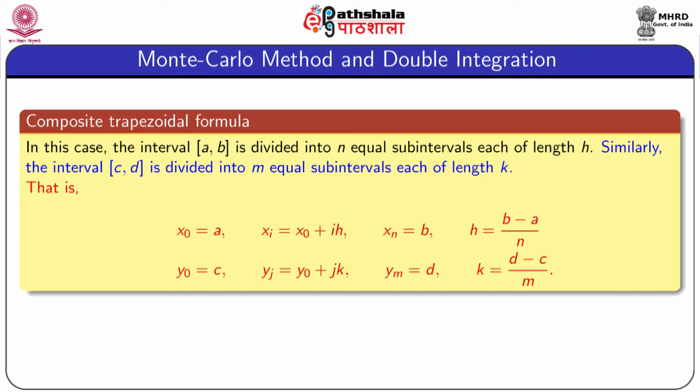That is, x0 equals a, xi equals x0 plus ih, xn equals b, and h is given by (b minus a) by n. Similarly, y0 equals c, the starting limit, yj equals y0 plus jk, k is the length of the interval, ym equals d, and k equals (d minus c) by m.